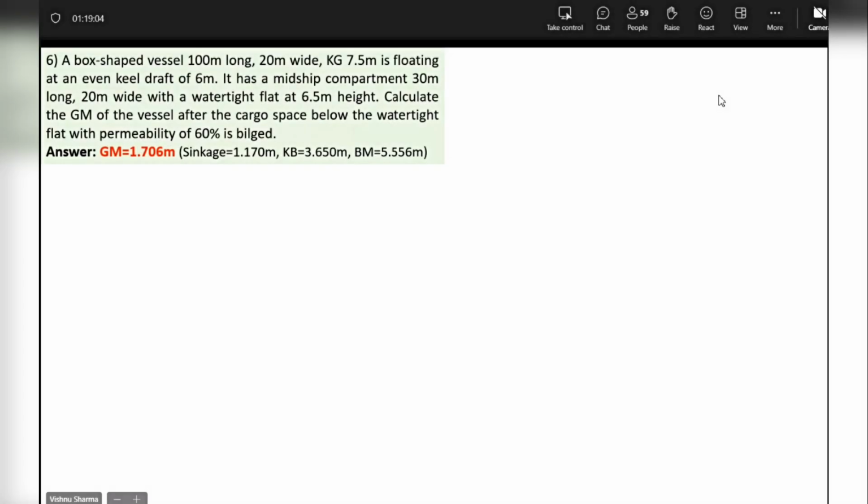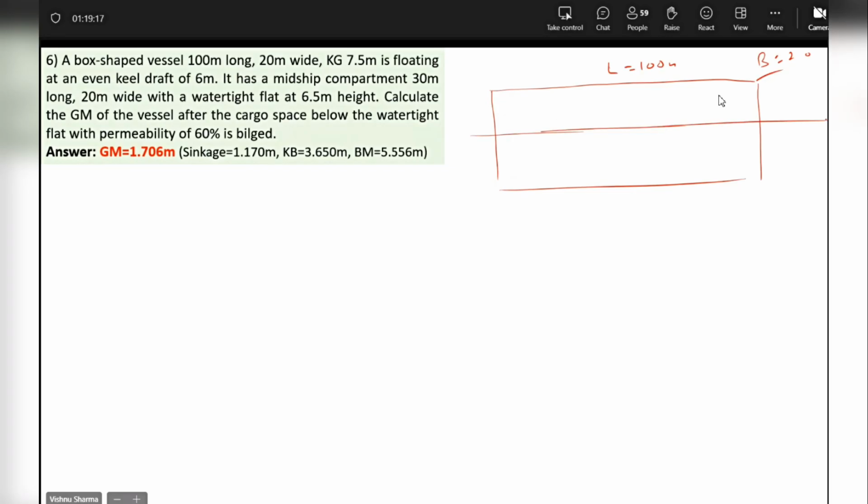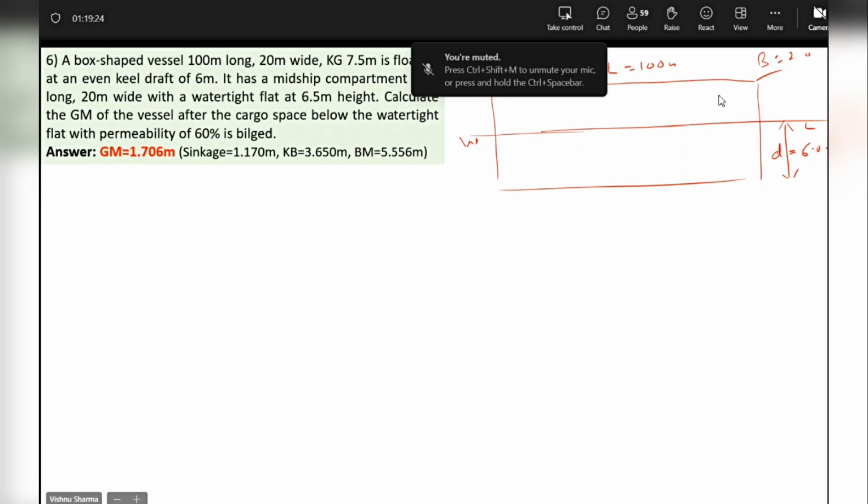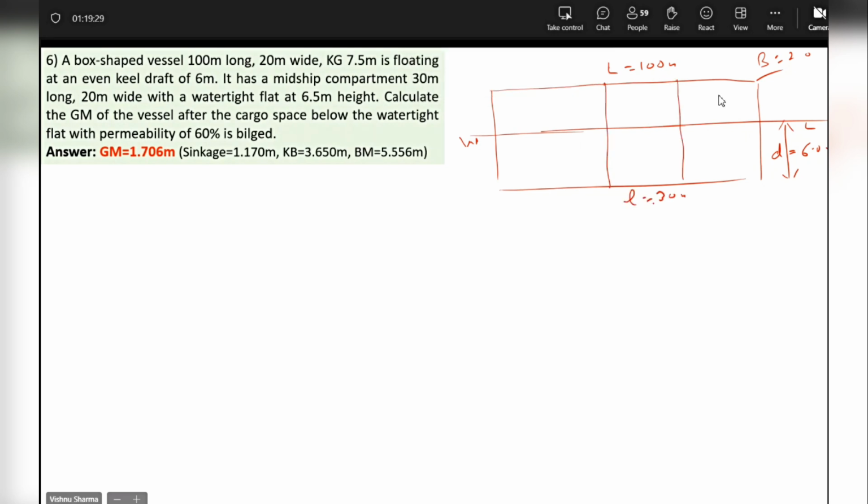Okay. First, we make the diagram, which again holds the key. Length 100 meters, breadth 20 meters, floating at an even keel draft of 6 meters, has a midship compartment 30-meter long, 20-meter wide, with a watertight flat at a height of 6.5 meters.